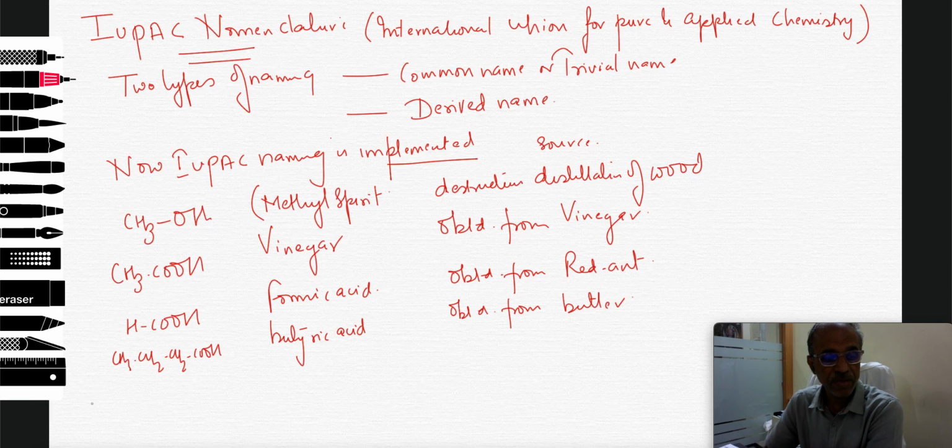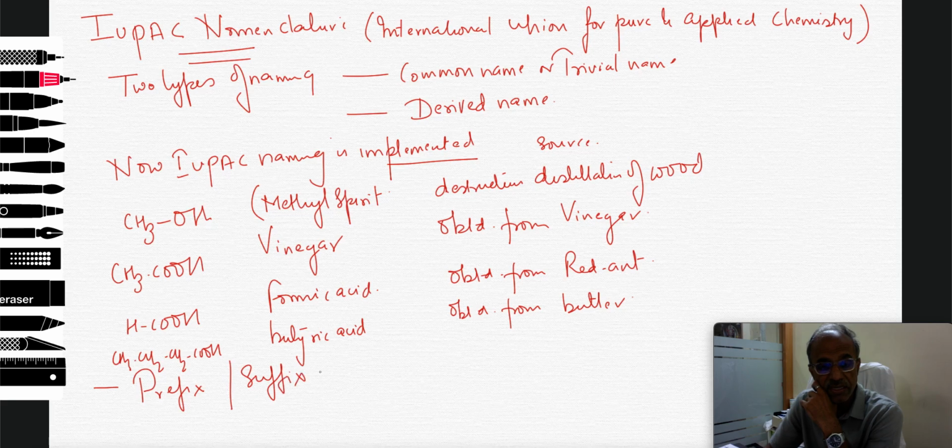While naming a particular compound, 3 things are very important. First thing is the prefix, as I have told you regarding the prefix of functional groups. Prefix, then suffix, and the root name or the parent name.